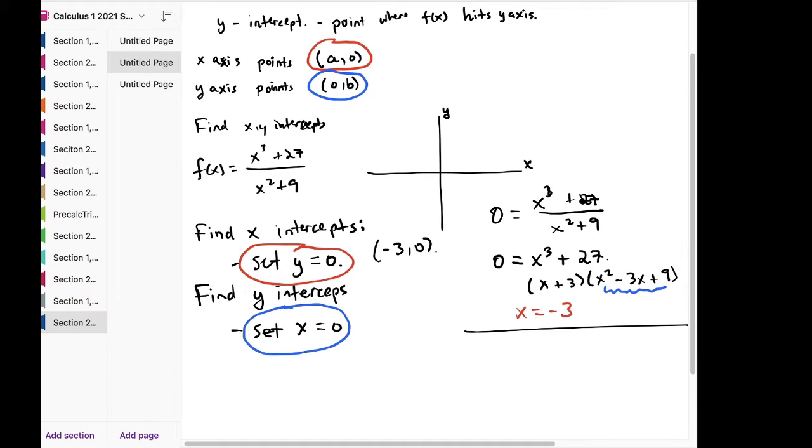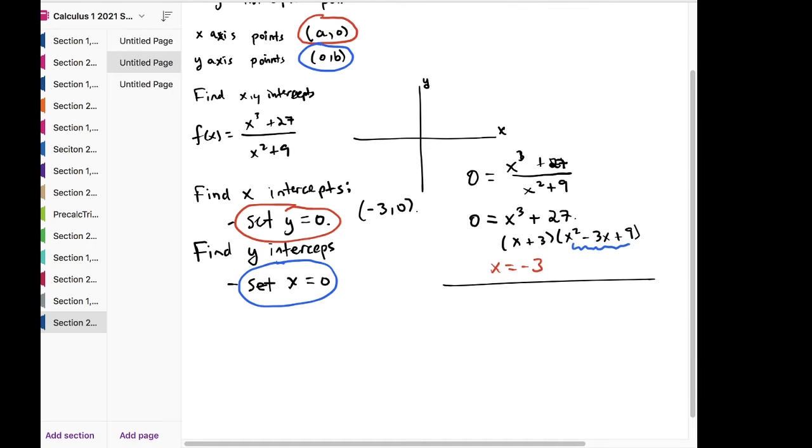So what's the y-intercept? You set x to 0. So y is equal to (0 plus 27) over (0 plus 9). So that's 27 over 9. What is that? 3? So (0, 3) would be the y-intercept.